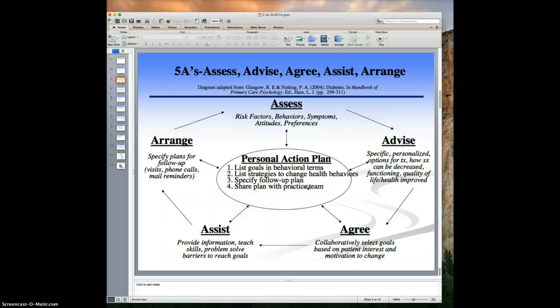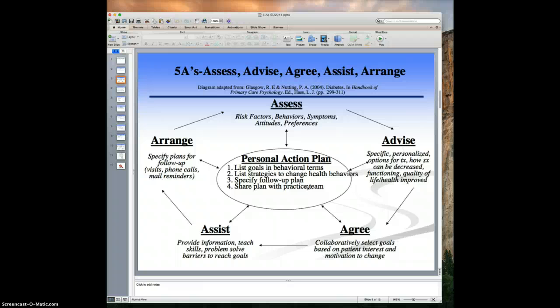And the team could be you and your patient. The team could be the patient and their significant other, the patient and their family members, or the patient and other healthcare providers. So as we go through these components, starting out with assess, we're going to identify risk factors, behaviors, symptoms, attitudes, and preferences unique to that specific patient.